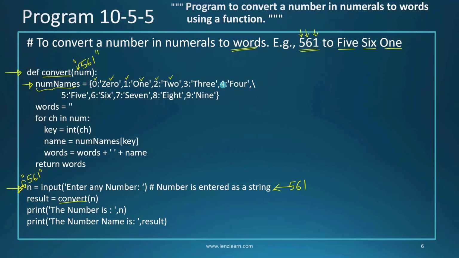Now you see after the 4th item, I have given a backslash. When Python interpreter sees a backslash, the interpreter understands this line is not complete. The interpreter will continue with the next line, and these 2 lines will be considered as a single line inside Python interpreter. So if you have a big line to be written inside your program, and you cannot write it in one single line, you can always press enter and go to the next line, but please remember to put this backslash.